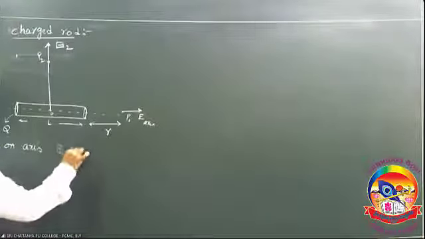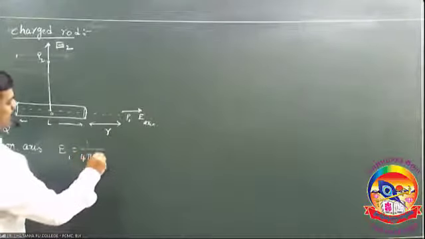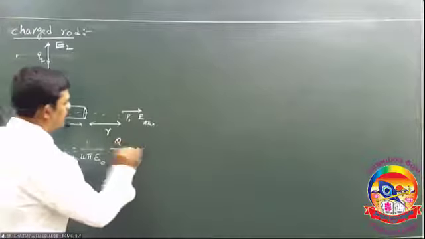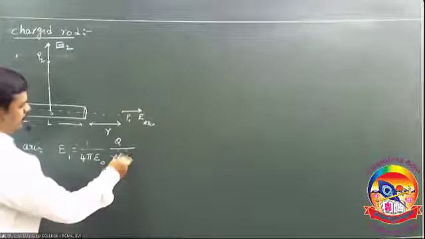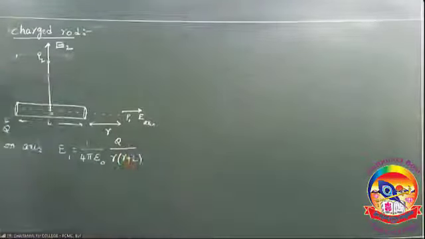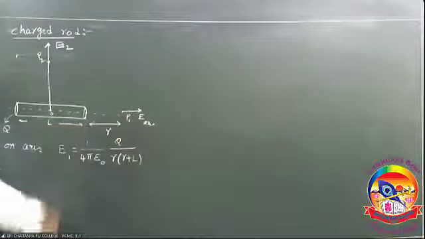intensity, what formula did we get? 1 by 4 pi epsilon naught Q by R into R plus L. This is the formula we got yesterday at this point, on the axial line.